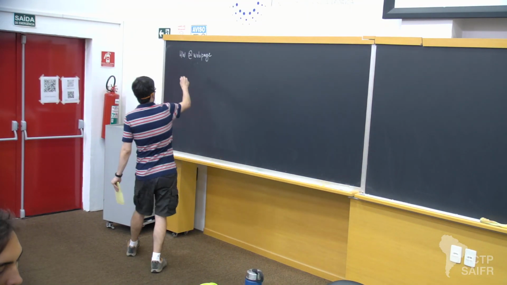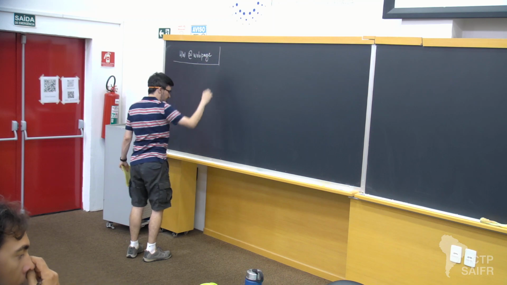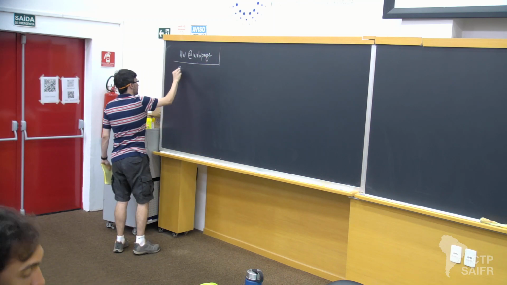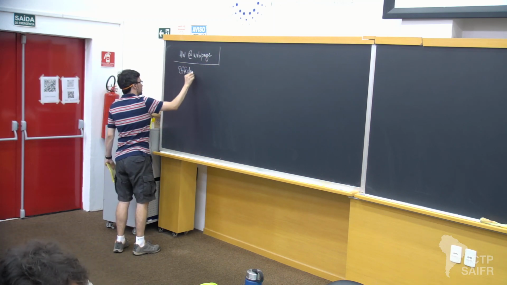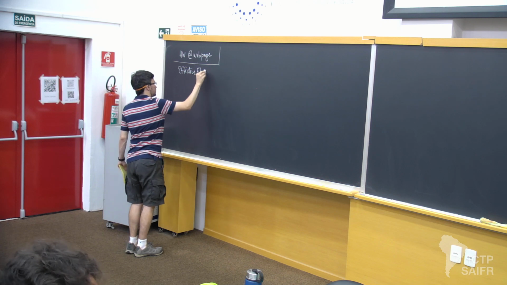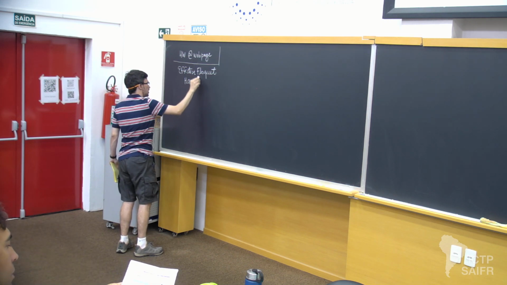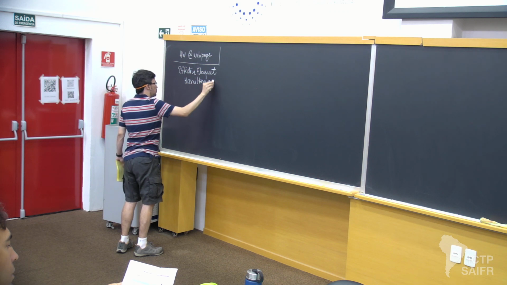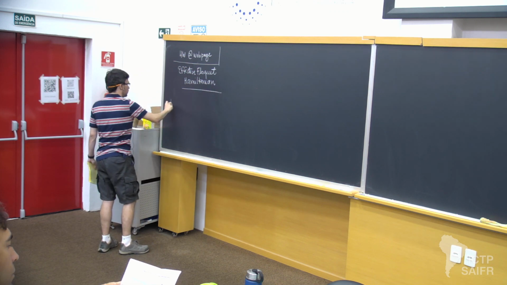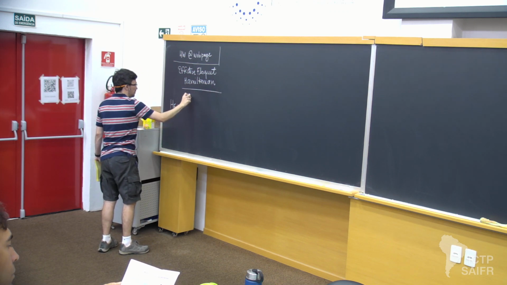All right, so we left yesterday finding the effective Floquet Hamiltonian. We found that this effective Hamiltonian could be written as a big matrix.